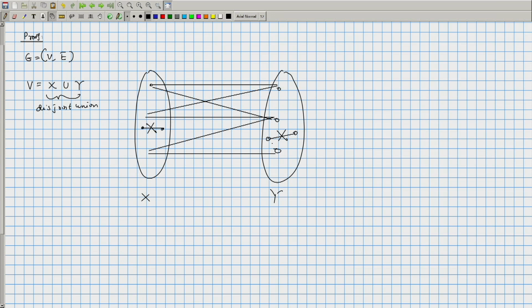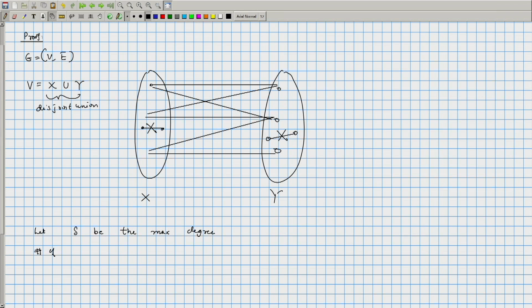So, if we look at a bipartite graph, we want to show that the max degree is equal to the number of colors required to edge color the graph. Okay. So, clearly we can see one direction, that is you require at least those many colors. So, let delta be the max degree.